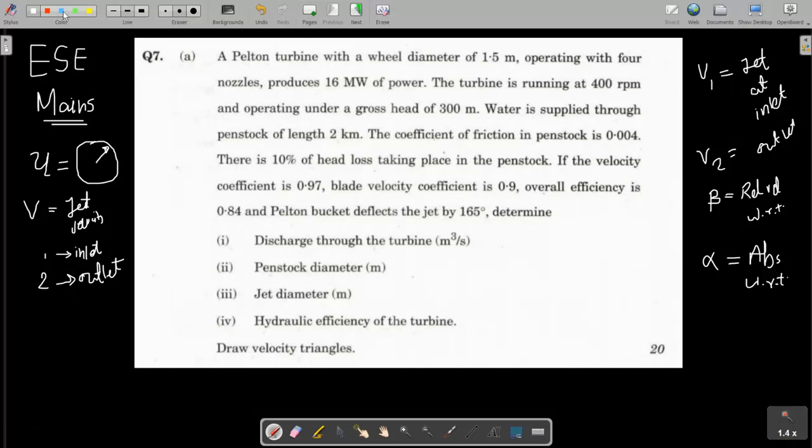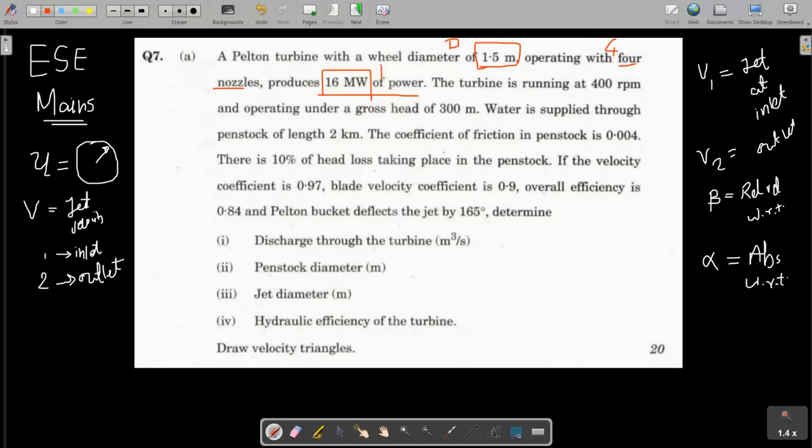So let's start. First of all, we will see which data is given and what we have to find. So what should be our approach? Here, a Pelton turbine with a wheel diameter of 1.5 meter. The wheel diameter is given, I am writing the notation D, operating with 4 nozzles and produces 16 megawatt of power.